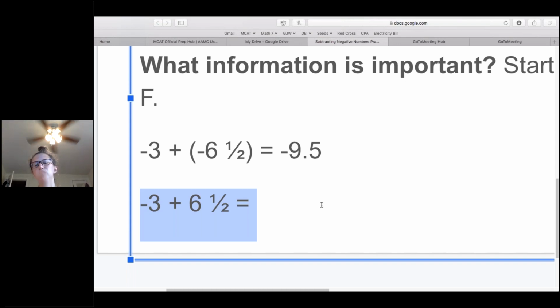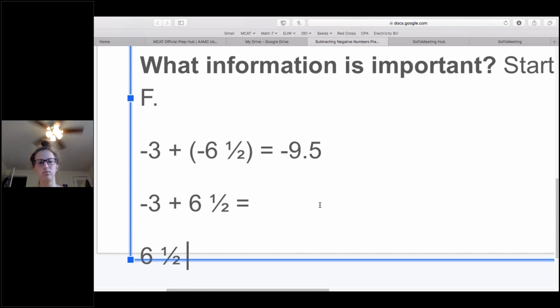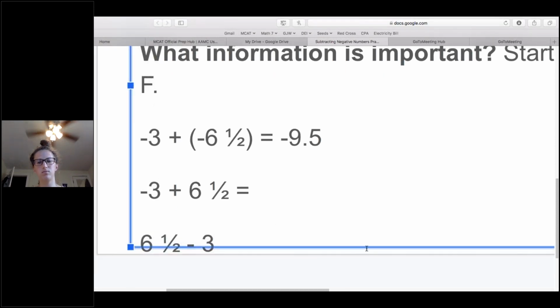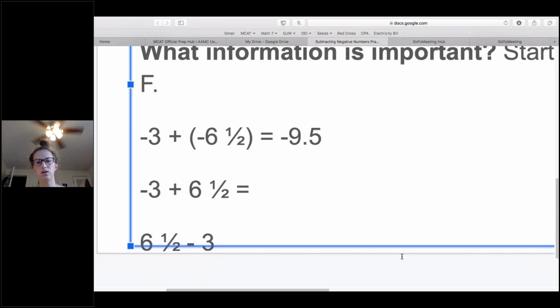And my signs are different. So what does that tell you to do? Subtract. So pretend like the numbers are positive and just subtract them. What do you get? 6.5 minus 3. What would you get?